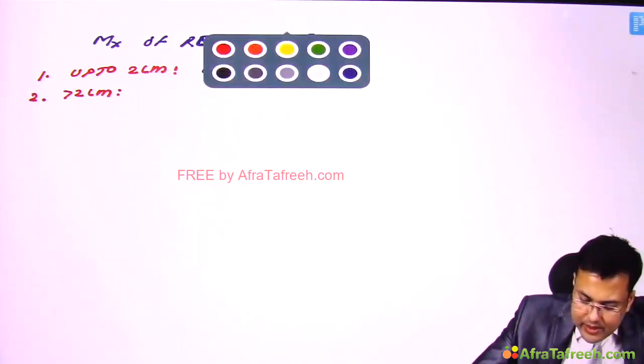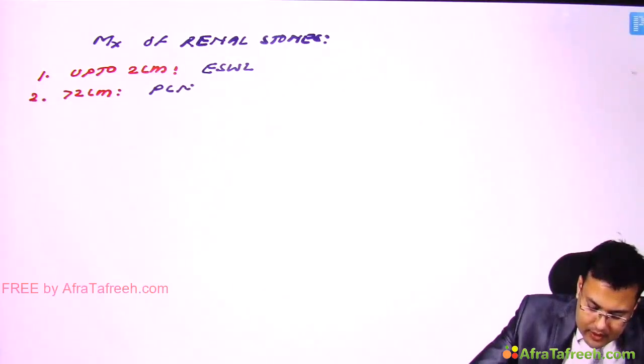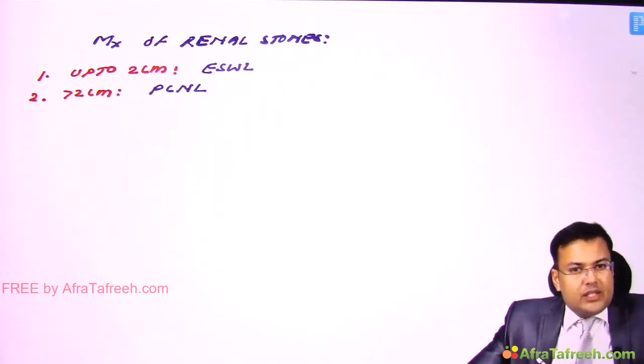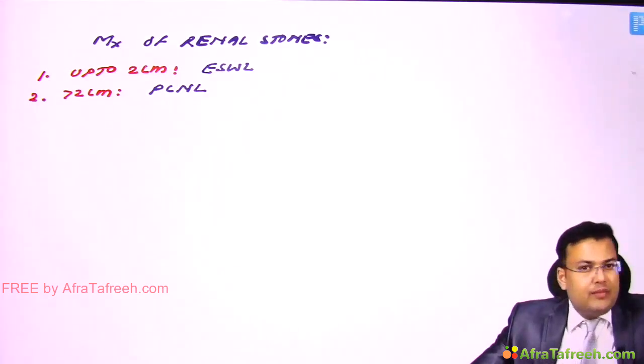Yes, what is the treatment of choice? It's ESWL. And if size of stone is more than 2 centimeters, so what is the treatment of choice? PCNL. More than 2 centimeter, it's PCNL.